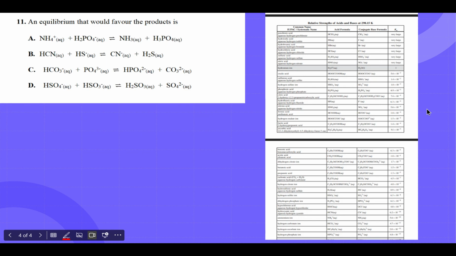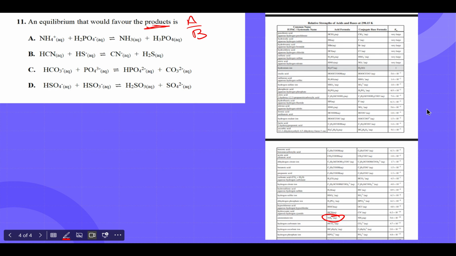Moving on to the next one, at equilibrium, what would be favored? We want the one where products are favored. If products are favored, then your acid is higher on the list than your base. I know it's very hard to see, but for instance, if I was looking at A, I only start with my reactants. Products just help us see what's happening. You have NH4 positive, which would be the acid, and then you have H2PO4 negative.